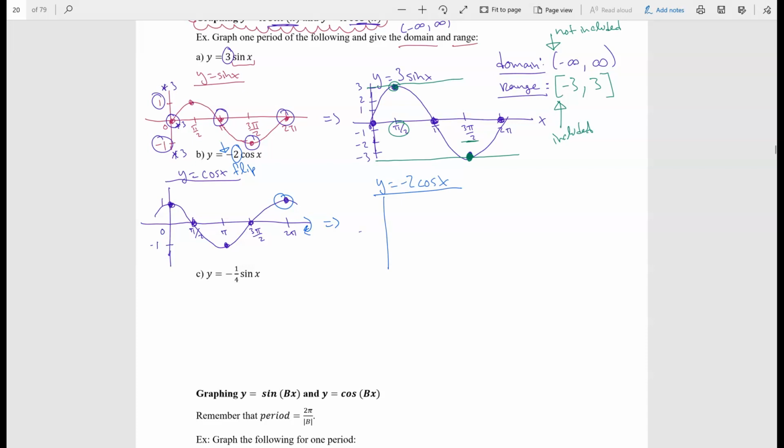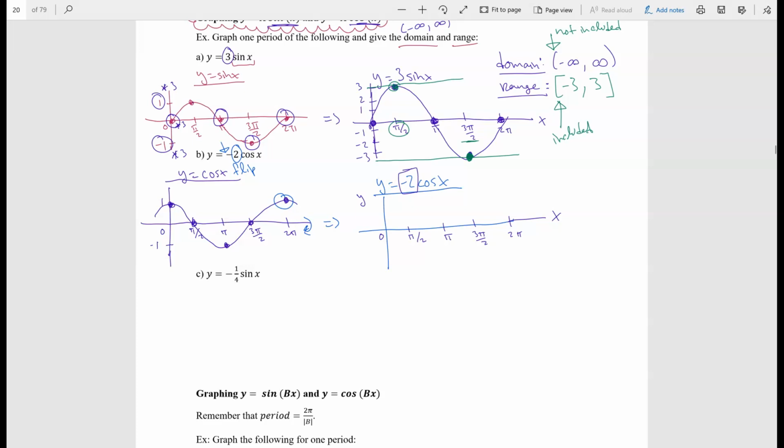Let's start off. Notice that nothing is happening with the x values. So this is still 0, pi over 2, pi, 3 pi over 2, and then 2 pi. Nothing has happened with the x values. The y values are being affected by this negative 2.